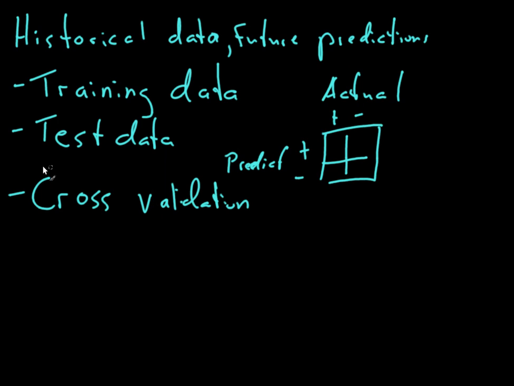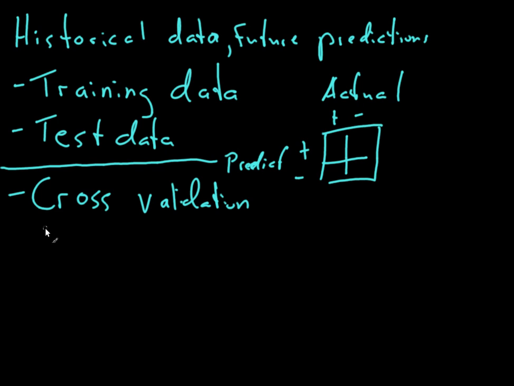Okay. So cross-validation is very similar to having training data and test data. What cross-validation does is it randomizes all the data. Say we have 100 records, and it shuffles them up so that the records aren't in order in any way anymore. And typically you'll see either five-fold or tenfold cross-validation.